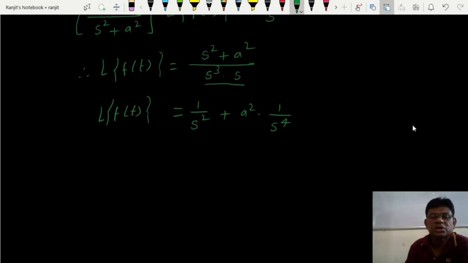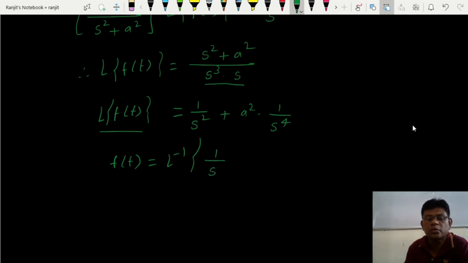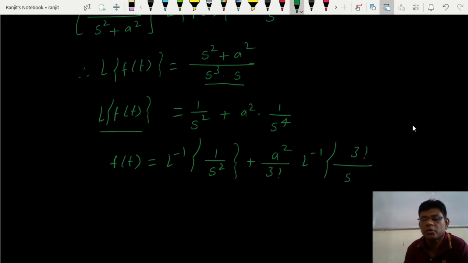Now applying inverse Laplace transform. Inverse of this first term, answer is f of t is equal to inverse Laplace transform of 1 upon s square plus a square by this 3 factorial inverse Laplace transform 3 factorial upon s to the power 4.